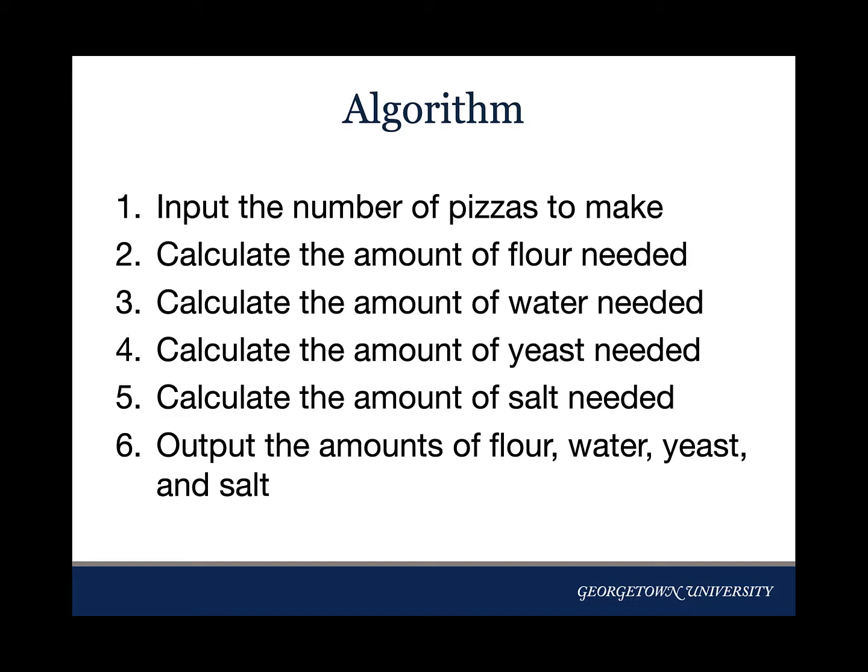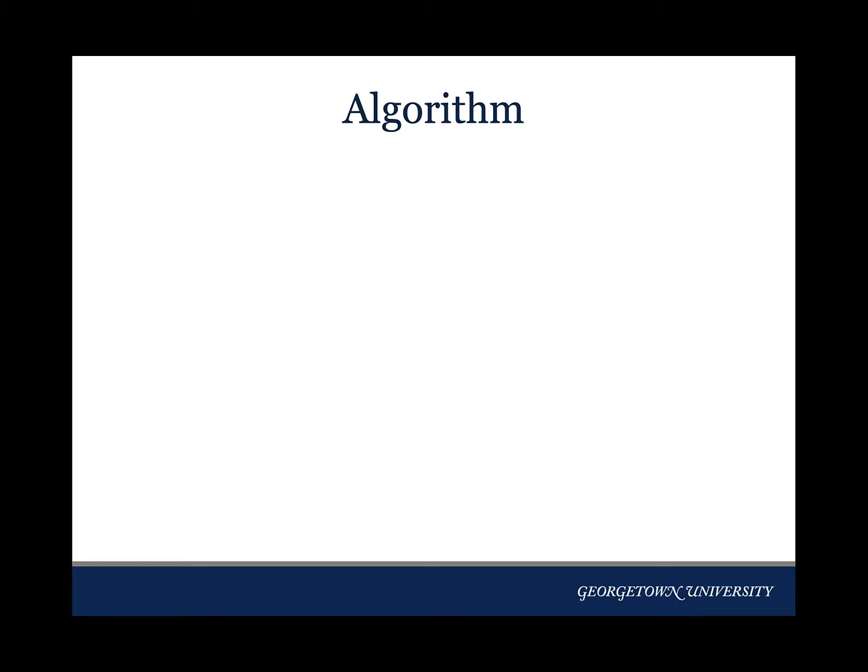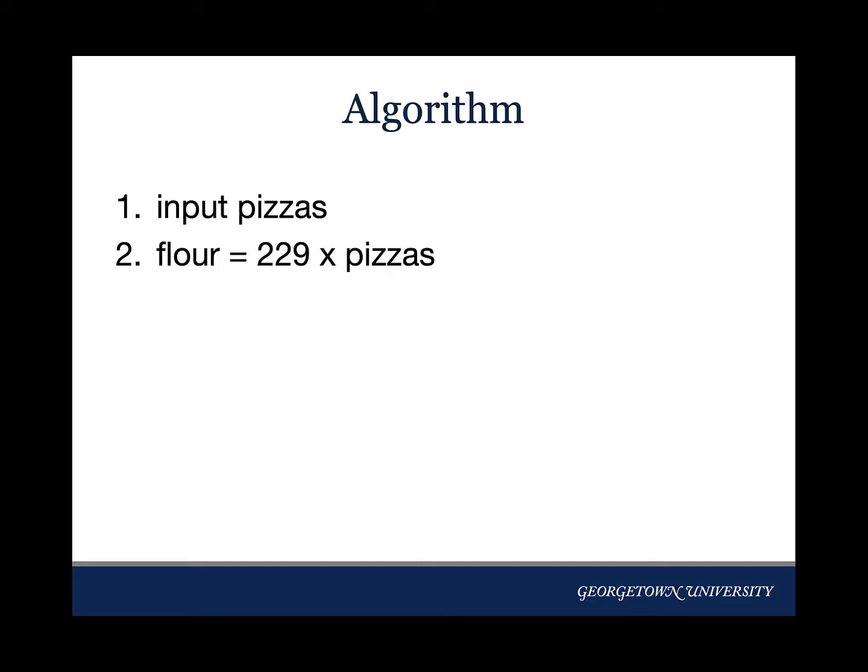Algorithms can be informal or they can be formal. They can be very mathematical in nature. We also adopt certain languages for expressing algorithms, just like we have different languages for expressing computer programs. So one thing I might do is I might shorten things and say input pizzas. And now pizzas becomes a symbol that represents the number of pizzas that I am going to make.